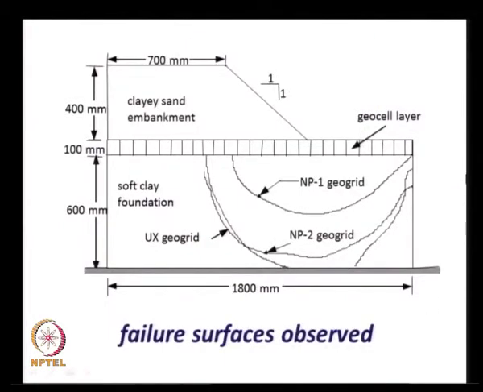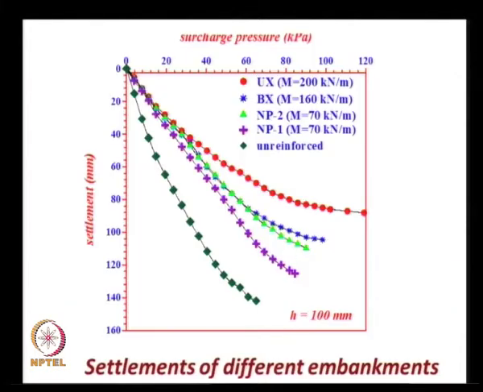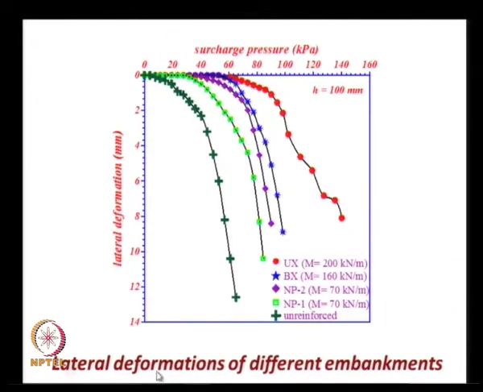Actually here we see that in all the tests done with NP2 geogrid, the slip surface is pushed deep into the foundation soil. These results show the surcharge pressure and then lateral deformation on the y axis, and all the results pertain to the case of 100 mm height of the geocell.